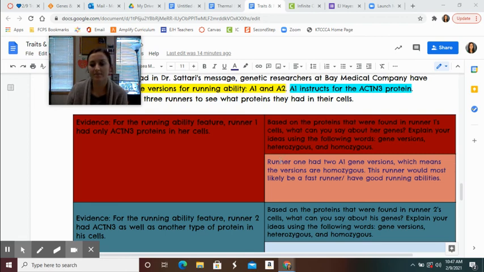And then that would also mean that this runner would most likely be a fast runner or have a good running ability because of that fact that it has two of the gene versions that instruct for that protein.